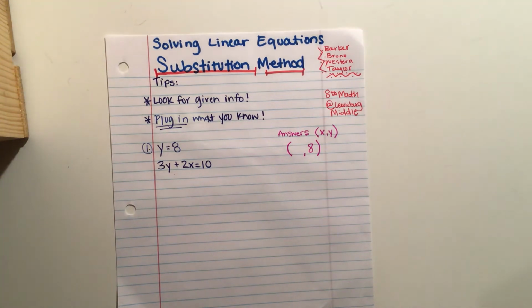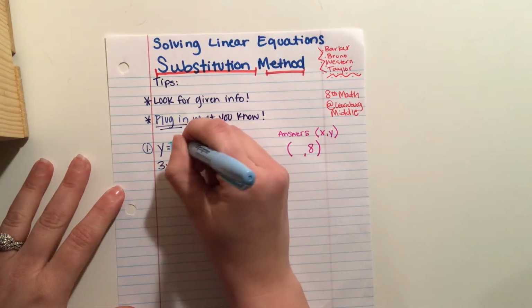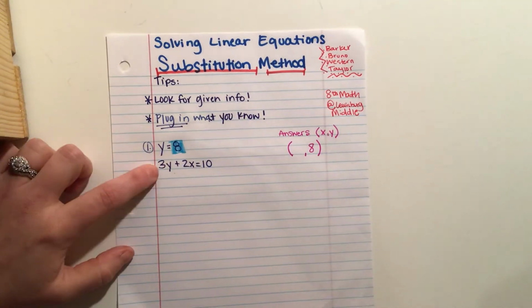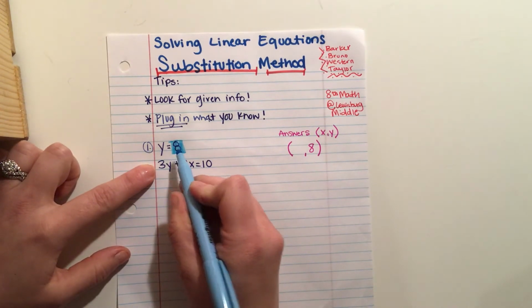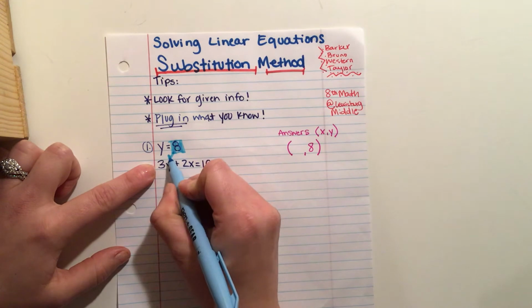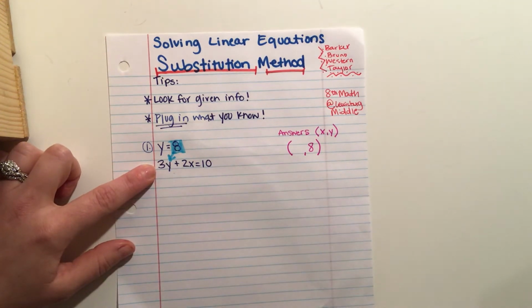Now, using the substitution method, we are going to sub in what we know. We know that y equals 8. So I'm going to look at my other equation, and I'm going to sub in an 8 for the y. Now, it would not make sense to rewrite this problem as 38.